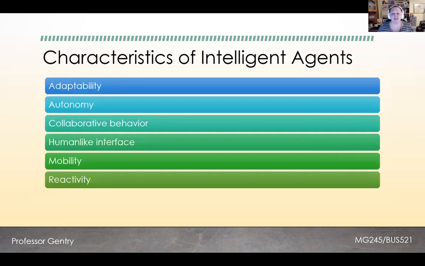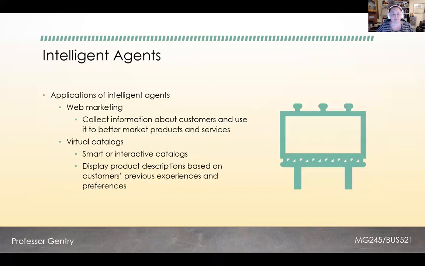Some characteristics include the ability to adapt or to learn from previous knowledge, autonomy in order to operate with minimal interaction, collaborative behavior in order to cooperate with other agents, human-like interface to interact with users, mobility in order to migrate across platforms with minimal interaction, and finally, reactivity in order to select problems which need attention in order to act upon them.